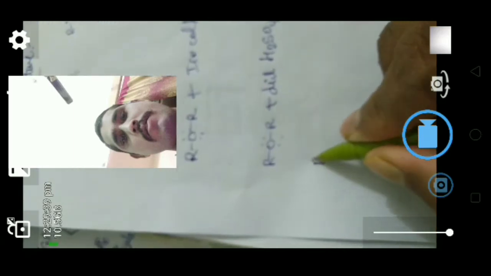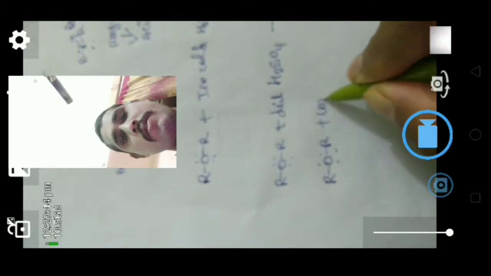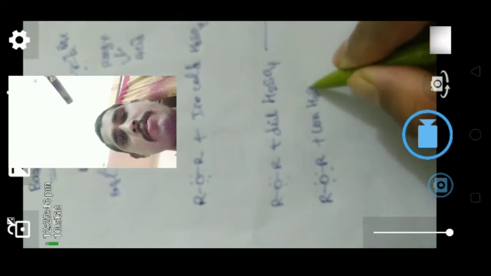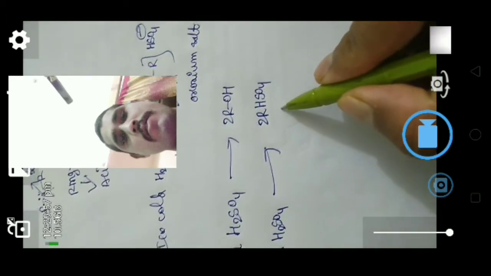Here, same ether, when we react with concentrated sulfuric acid, we get an oxonium salt; ether reacting with concentrated sulfuric acid gives 2 RHSO4. Here oxonium salt is obtained.